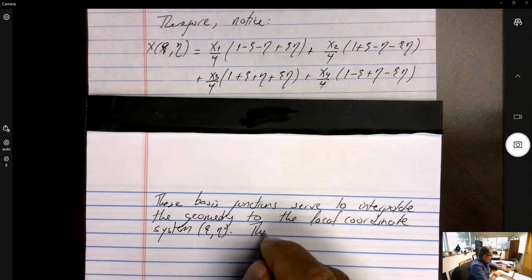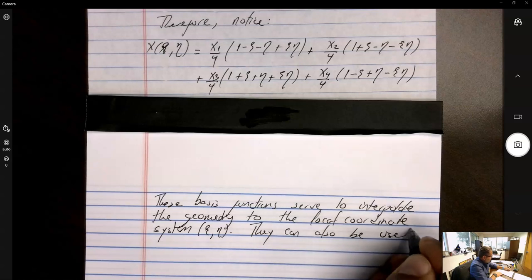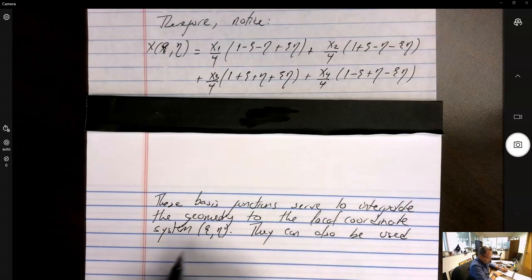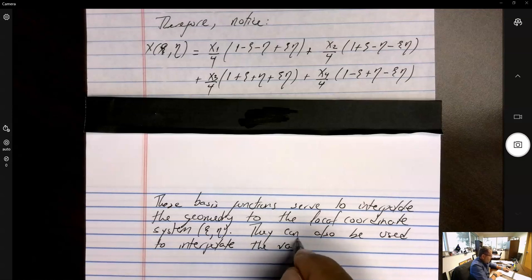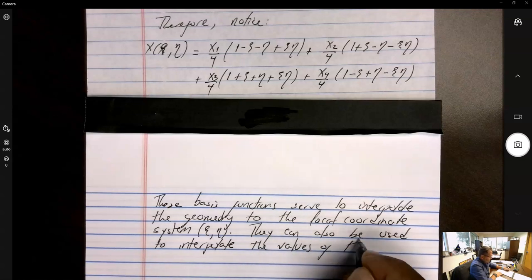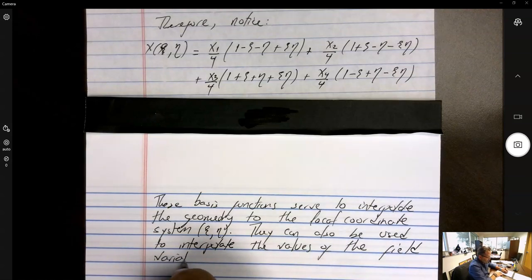And they can also be used to interpolate the values of the field variables to the local system.